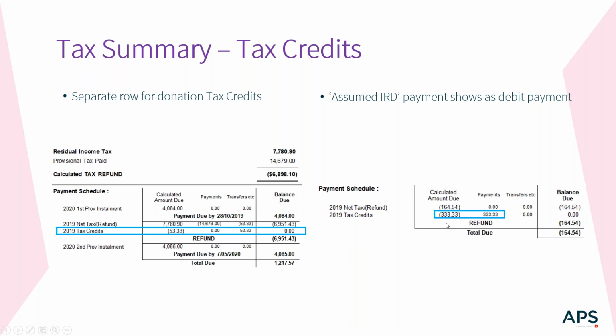Now, in the other scenario where there is already a refund calculated in the individual's return, we currently generate what we call an assumed ID transaction, an assumed ID payment by IRD. So that value appears under the payments column, but as a debit value, because it's effectively an assumed payment from IRD to the taxpayer rather than a credit value, which would be representing a payment to IRD.